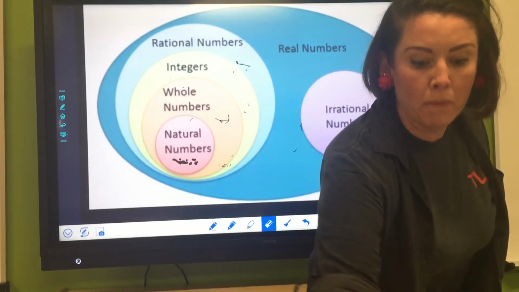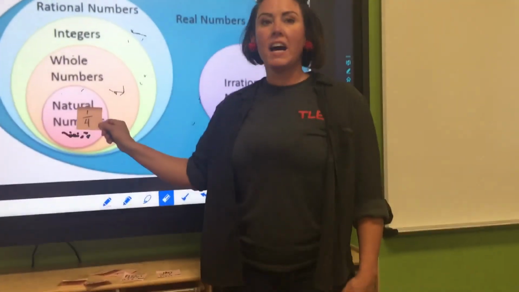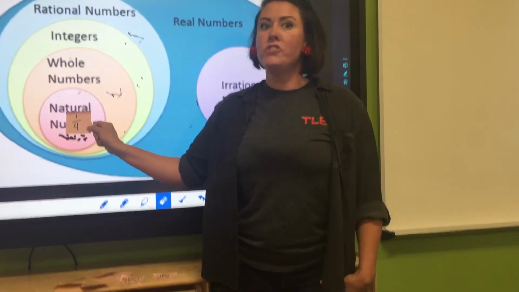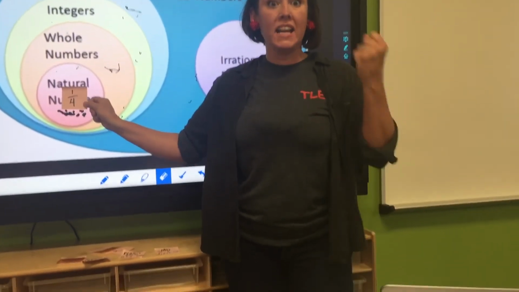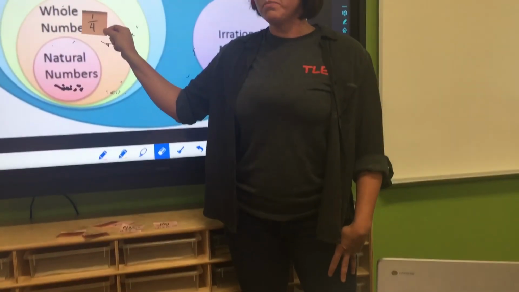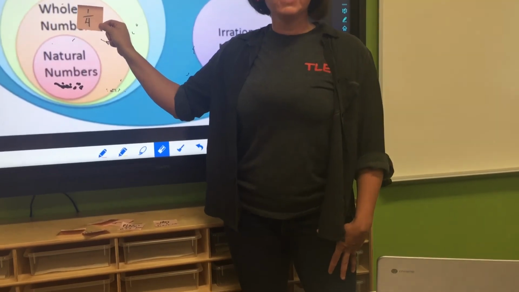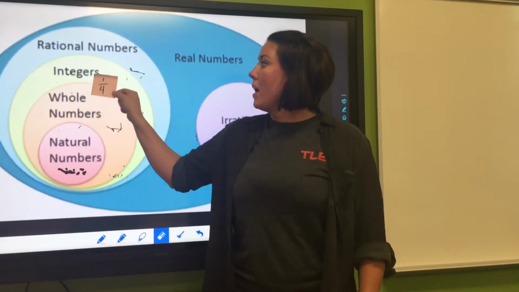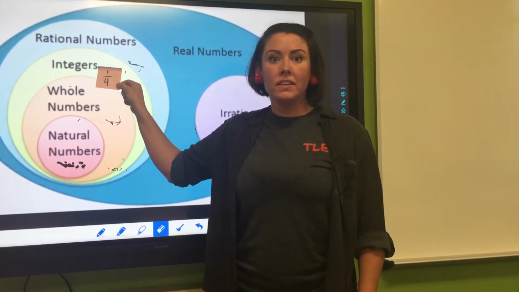Let's do a couple more. Oh, got a fraction. Do fractions belong to natural numbers? No, because I can't count 1/4 on my fingers. Is it a whole number? No, because whole numbers are the same thing as natural numbers, just including 0. How about an integer?